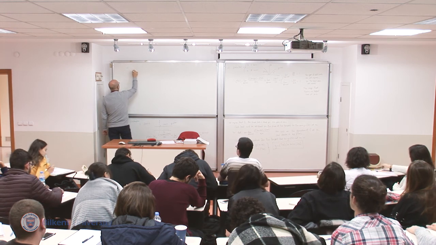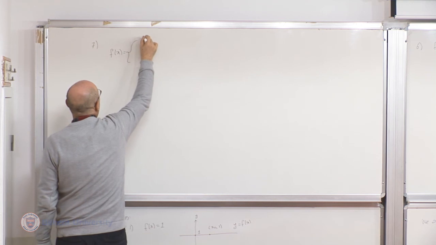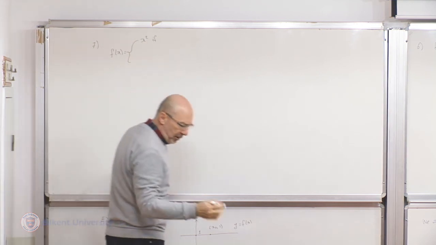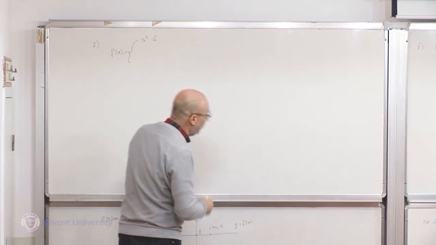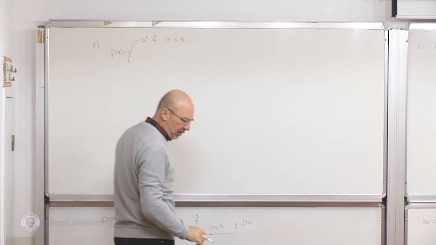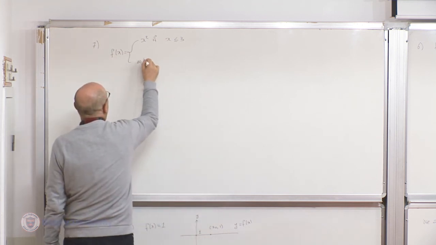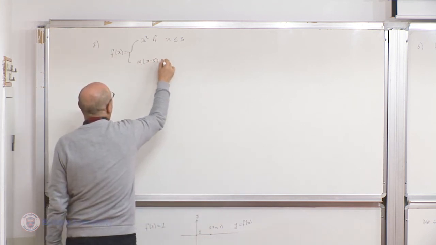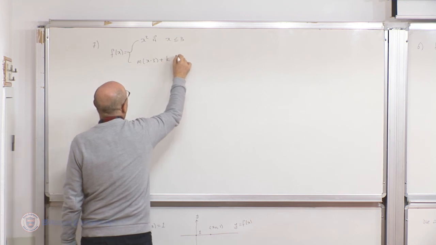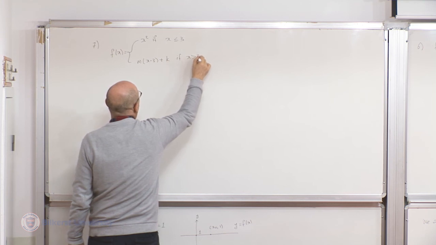So I define a function as x squared if x is less than or equal to 3, and m times (x minus 3) plus k if x is larger than 3.